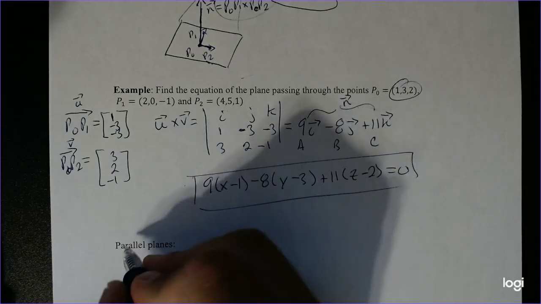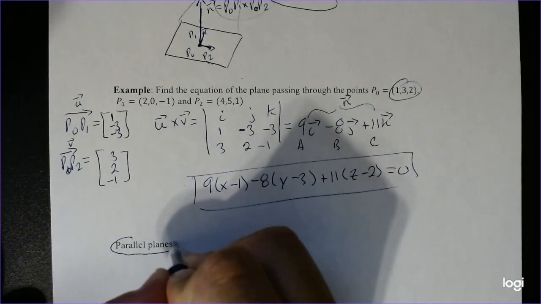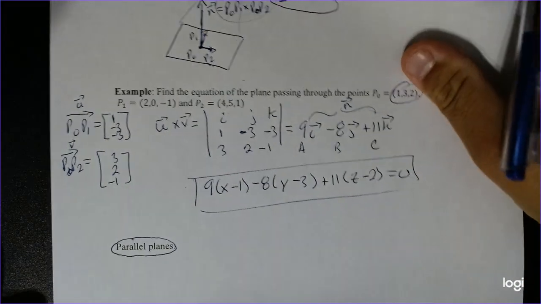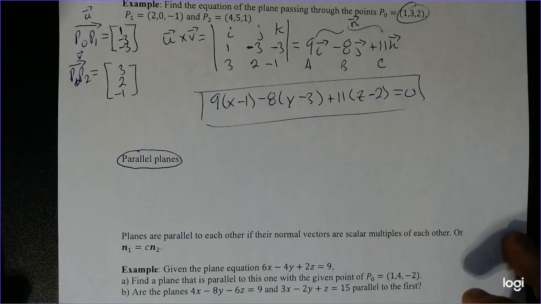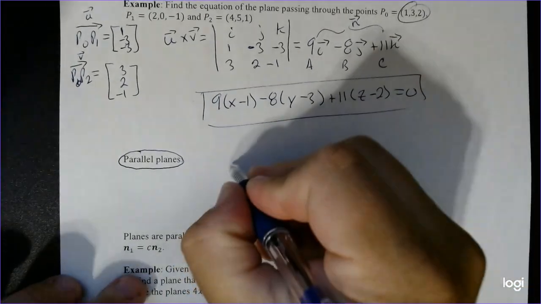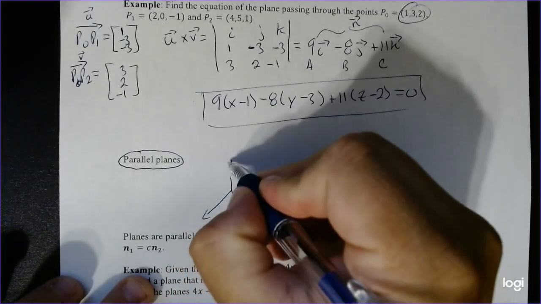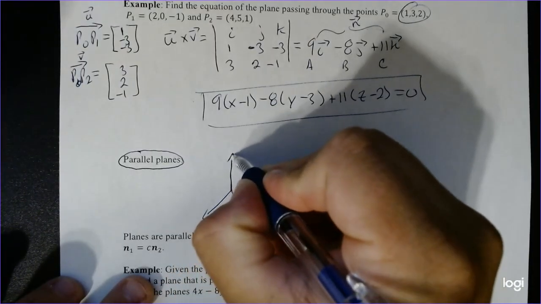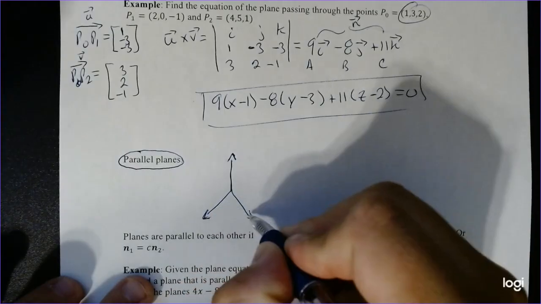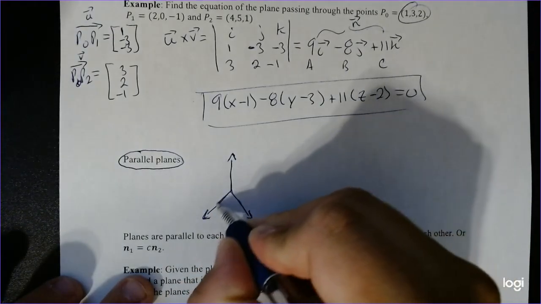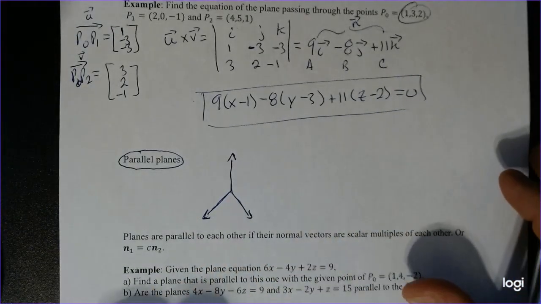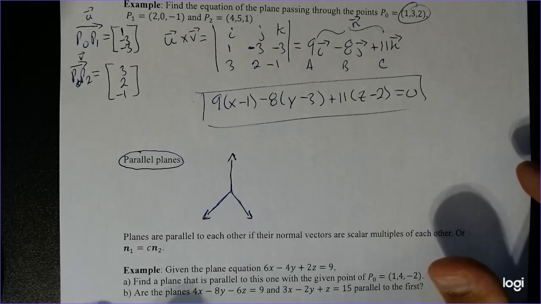So parallel planes. This is something you don't really do too much in multivariable, but it's actually a really cool concept. If you like the Marvel movies, this is a really cool concept of the multiverse. And if the multiverse actually does exist, this is probably how you could prove it does exist, believe it or not, with parallel planes.